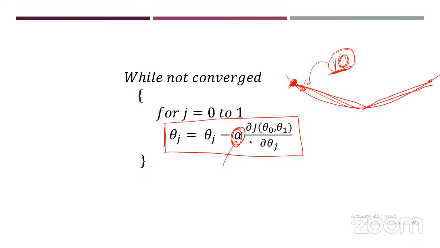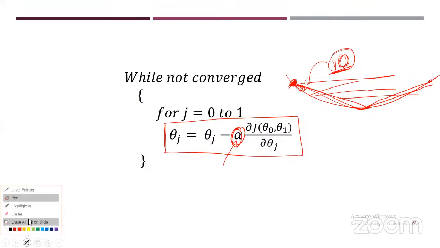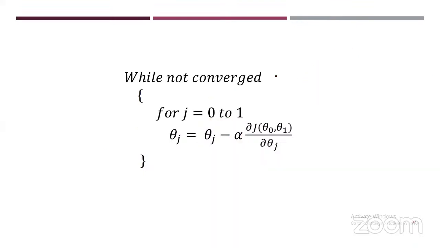If you select a very large value, you are going to have a very long jump. And if it is a very small value, you are going to take a very tiny step in order to reach the minimum. The advantage is that you will be able to reach the minimum location, but the disadvantage is that it is going to take lots of iterations to reach from this particular location to the final one.